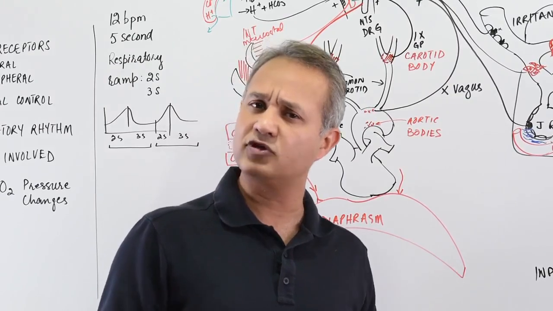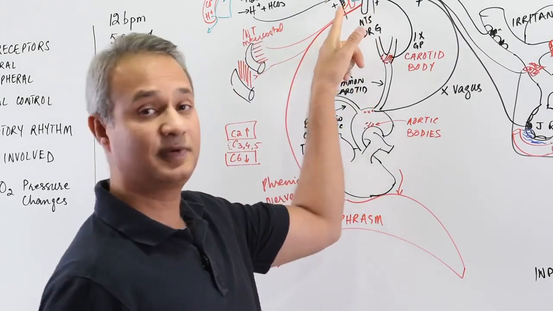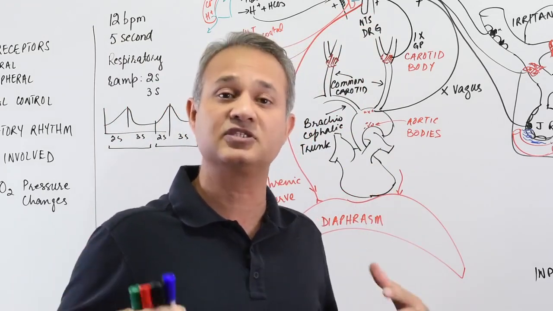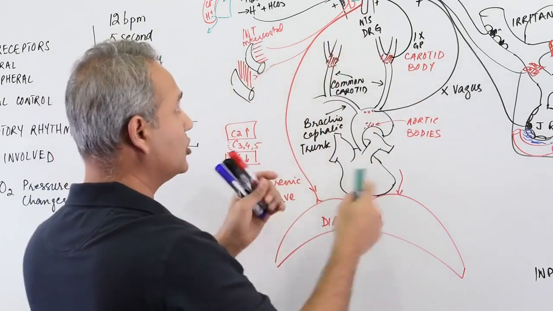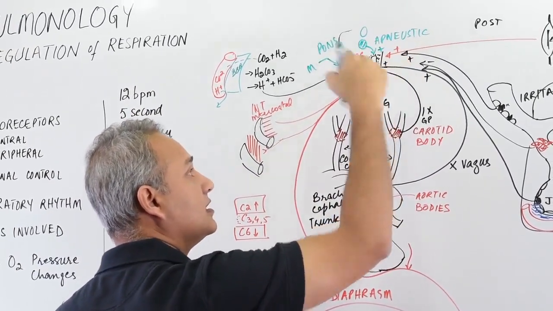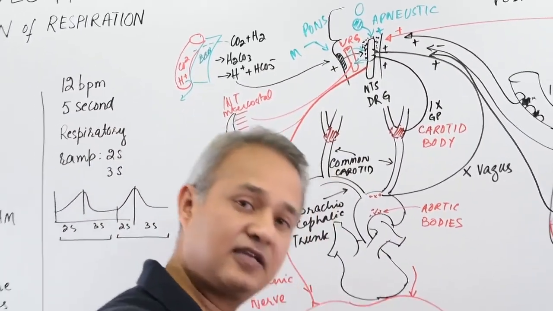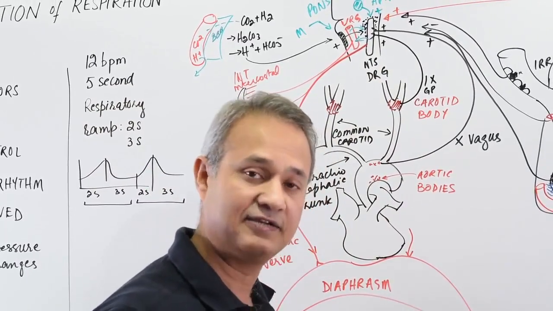What do you think? Is it a forced breathing or not? Yes, it is a forced breathing. Does it need the ventral respiratory group to become active? Yes, it does, because we need extra respiratory muscles to be active as well. So the apneustic center directly does not control anything. It controls the dorsal respiratory group, and it sends so many signals there that the signals spill over and the ventral respiratory group becomes active as well.